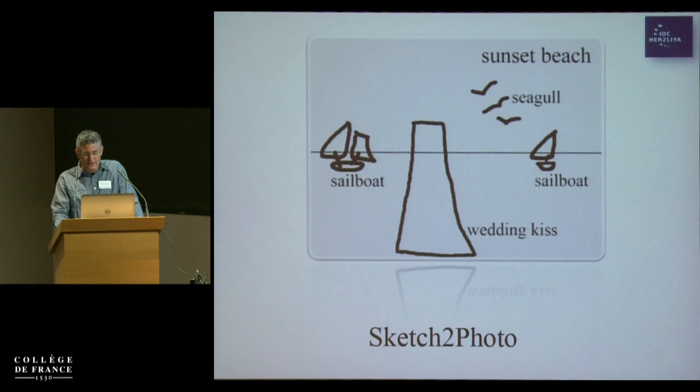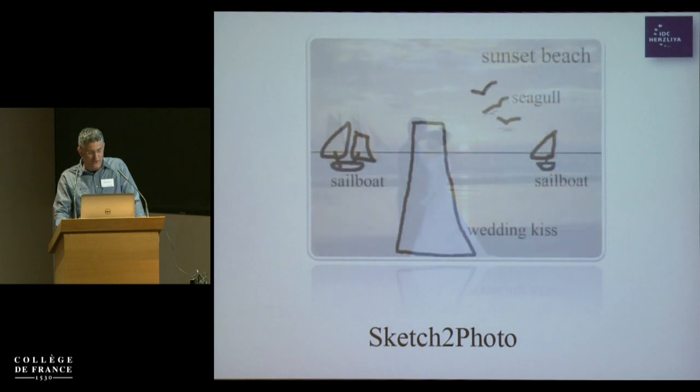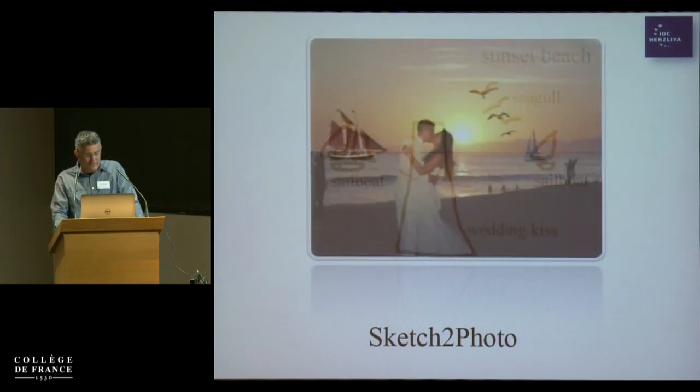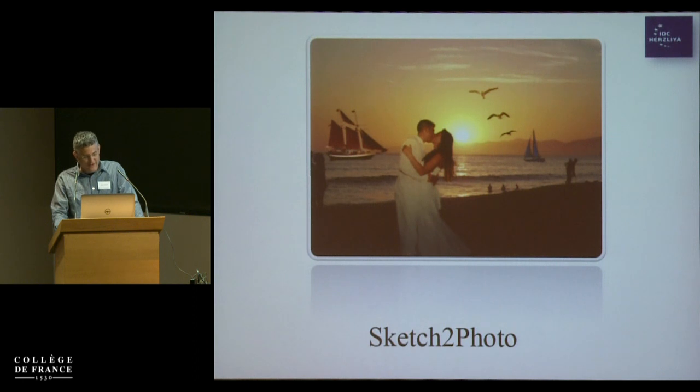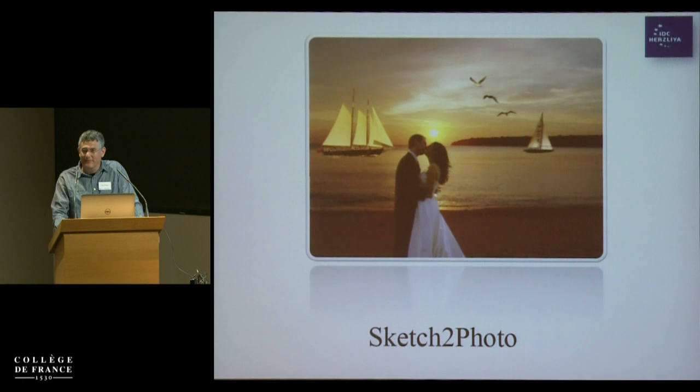This is called sketch to photo, and you can create various types of sketches. Here's a more romantic one, and then you can create a real image of that specific sketch, or yet another one, the same sketch, maybe a different image. If you don't like this one, maybe we create a different image yet again.